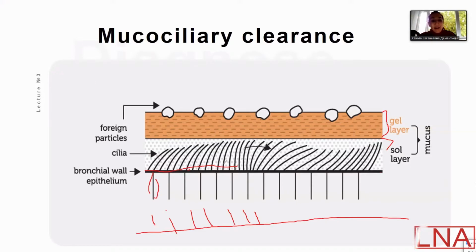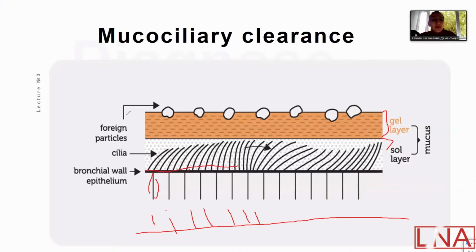Next, above the layer of the cilia is the place for the gel layer, which is the main layer. The intact gel layer is the main protective mechanism against damage to the cilia and damage to the bronchial wall before remodeling.